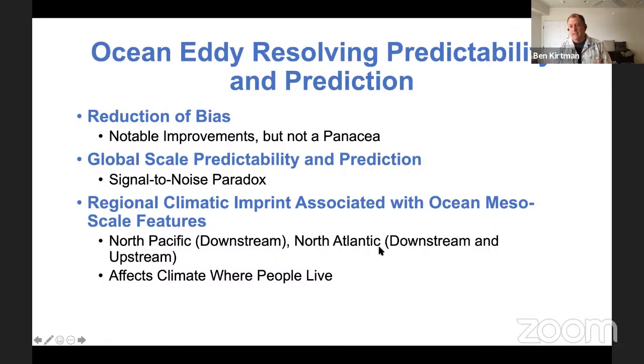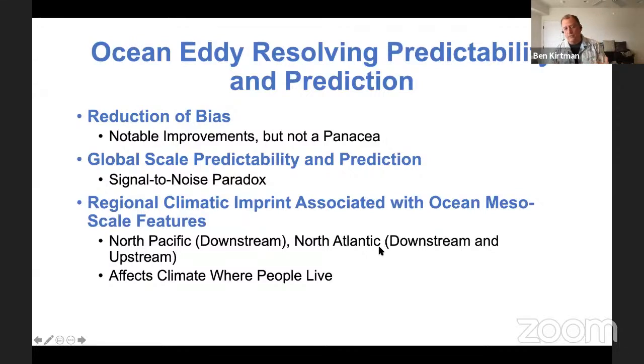But it's definitely not a panacea. And so, in fact, if you just looked at RMS errors, the improvements are modest, but they're there. It's really feature-based. It's phenomenon-based. It's starting to look at actual processes that are going on.